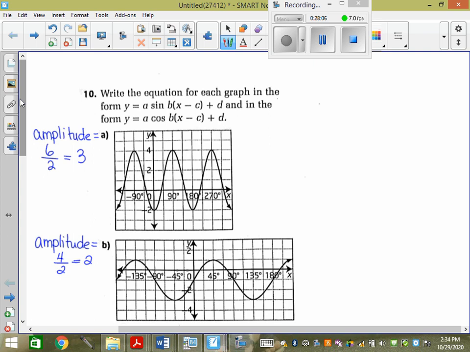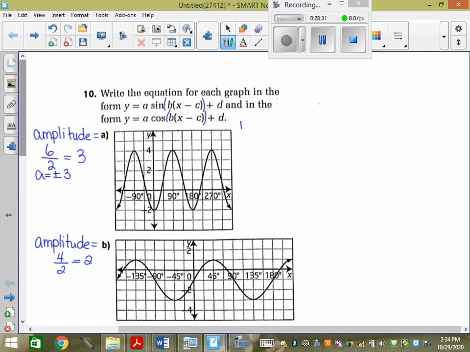Your equations can be in this form. There should be brackets here as well. On your formula sheet at the very bottom, it shows them to you. y equals a sine bracket b x minus c bracket plus d, and y equals a cos bracket b x minus c bracket plus d. So we're actually going to do 4 equations. Our A is plus or minus 3 for this one, positive or negative.